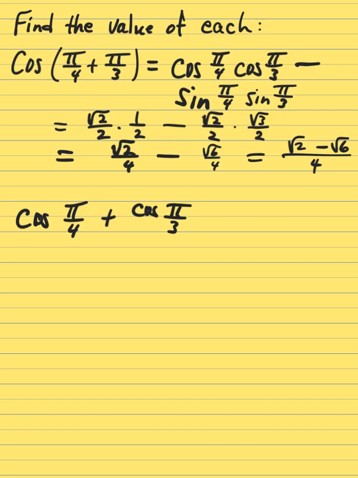Turns out, if you look at the problem we just finished, if you were to try to distribute cosine to pi over 4 plus cosine to pi over 3, you would get this expression that I've just written, but when we write the values down, cosine of pi over 4 plus cosine of pi over 3, we do not get the answer we got from the sum and difference formula. That's part B of your problem, is just an exercise on what not to expect.